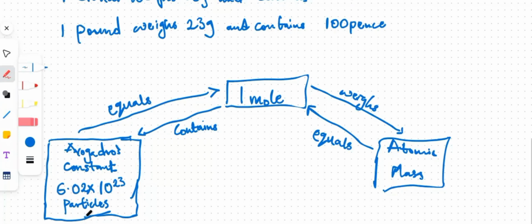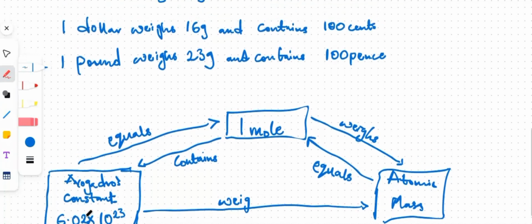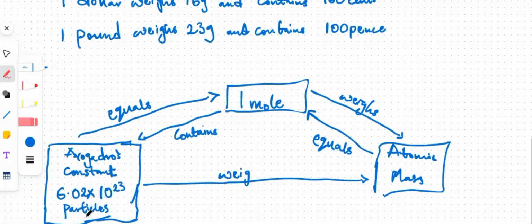And lastly, 6.02 times 10 to the power 23 particles weighs the atomic mass. Just the way the weight of 100 cents we saw was the number there. What is that number again? 16 gram. So that is why 100 pence was weighing what? 23 grams.